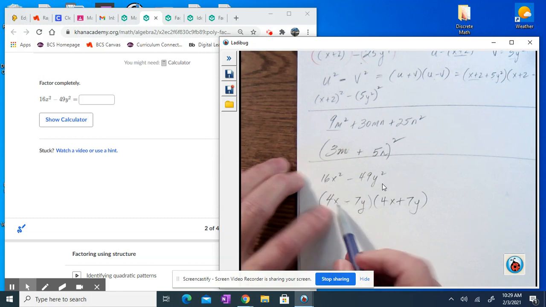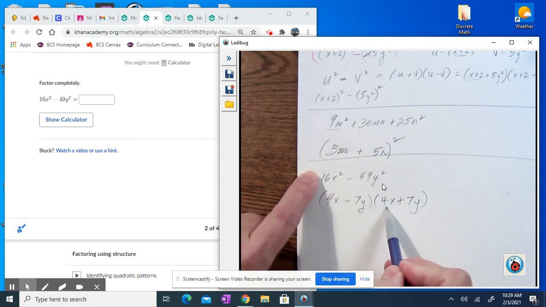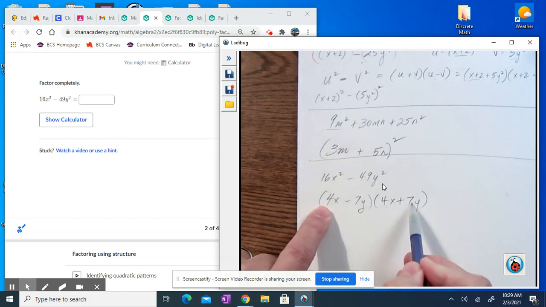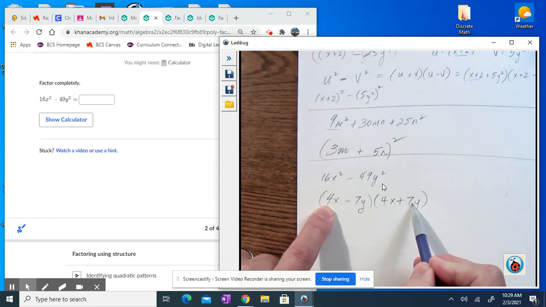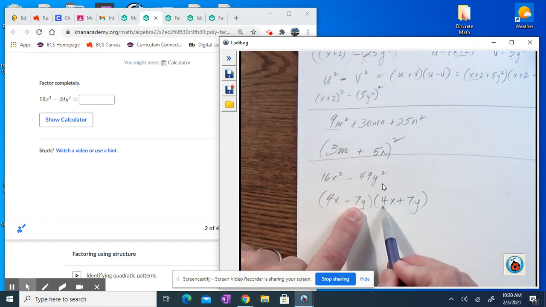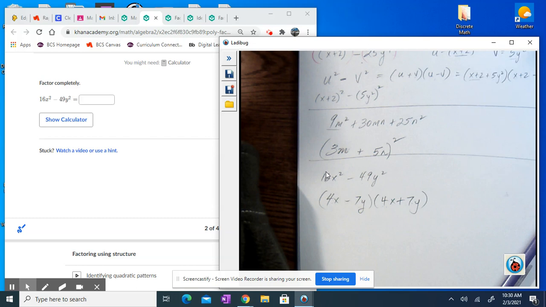Okay, let's make sure it works. So when you multiply these two, you get that. When you multiply these two, you get what? 28xy, right? And this one gives you negative 28xy, so they cancel. And then these two together make negative 49y squared. So that's it.